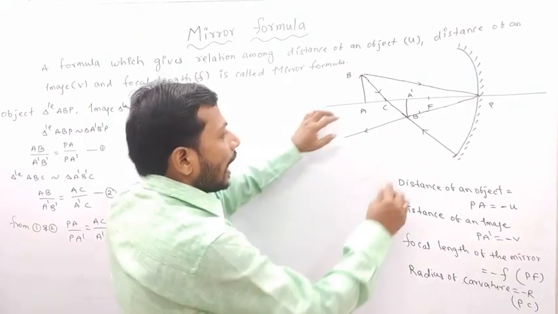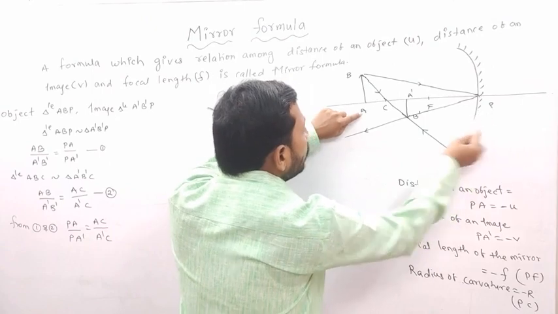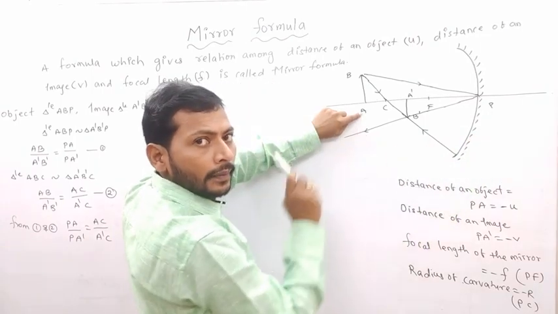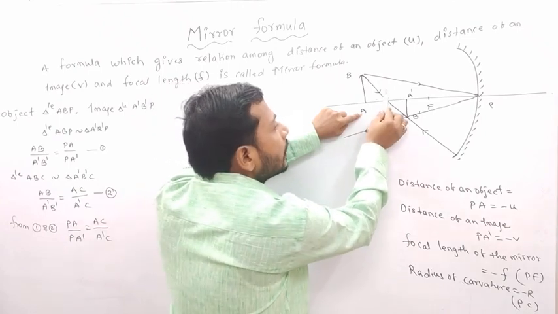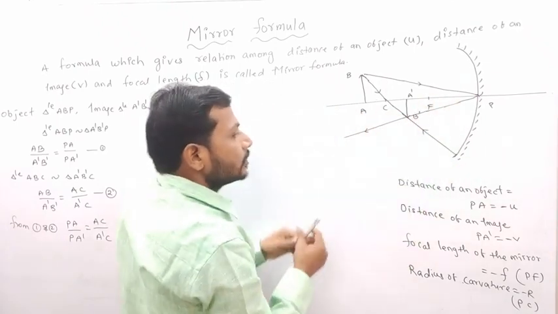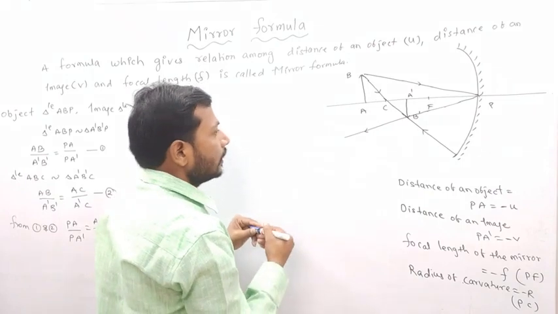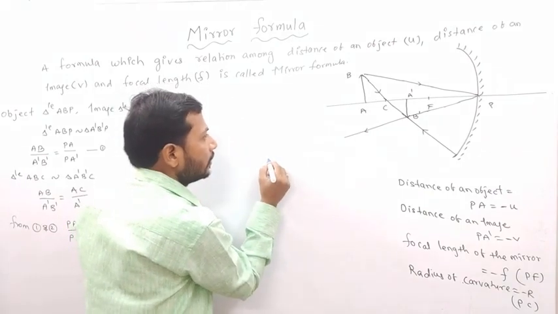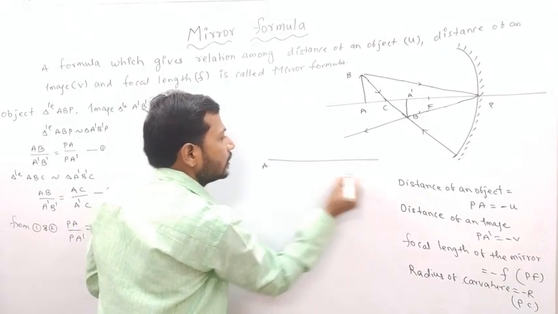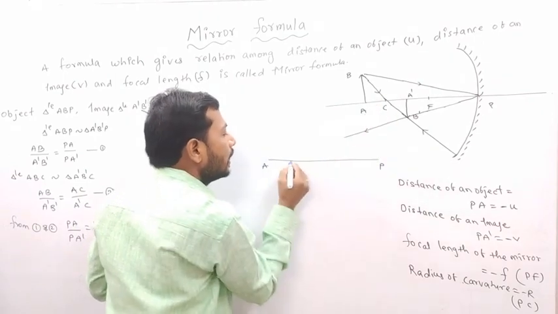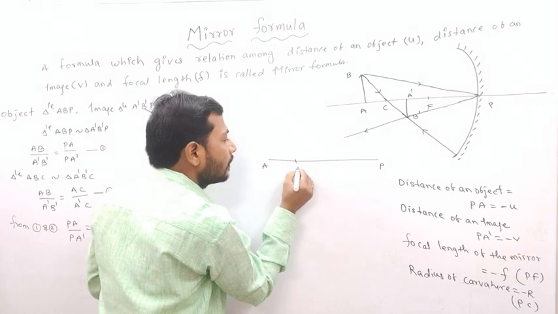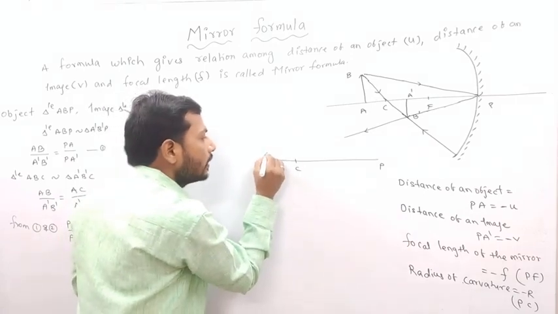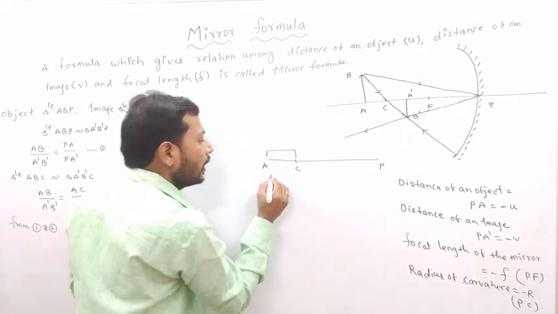So now to find AC, what am I doing here, children? Observe, I am taking directly from P to A completely. After taking that, I am subtracting PC. Just try to understand, children. This is A, this is P. Somewhere in the middle between A and P there is the point C. I require AC.